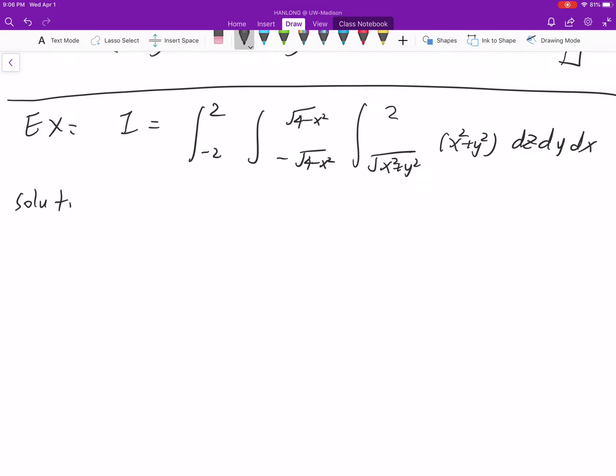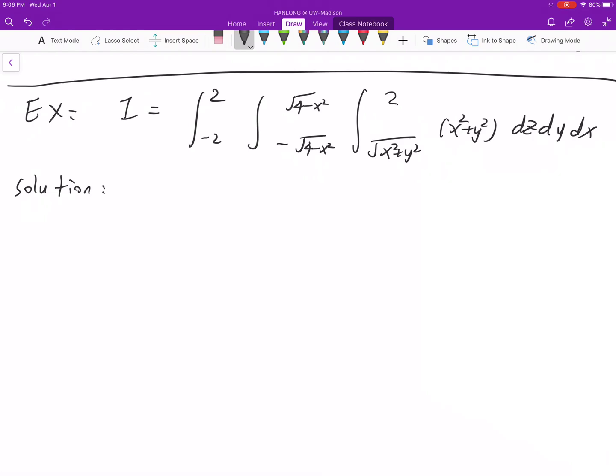First, we see symmetry and expect polar coordinates, but we need to first figure out the domain D. So recall D. What is D?